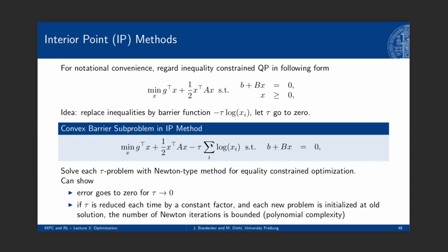So Newton's method very much depends on a good initial guess, right? These linearization points, and you slowly reduce tau. And then while you reduce tau, you follow your solutions and you get to a really highly accurate solution when tau is approaching 0. And one can show that if you reduce it by a constant factor every time, like reduce it by 10% every time or something, that would be a slow method, then each new problem would only take a bounded number of Newton iterations.